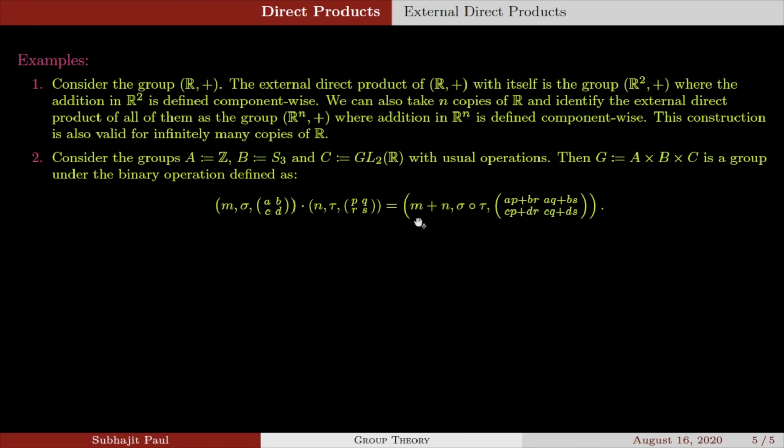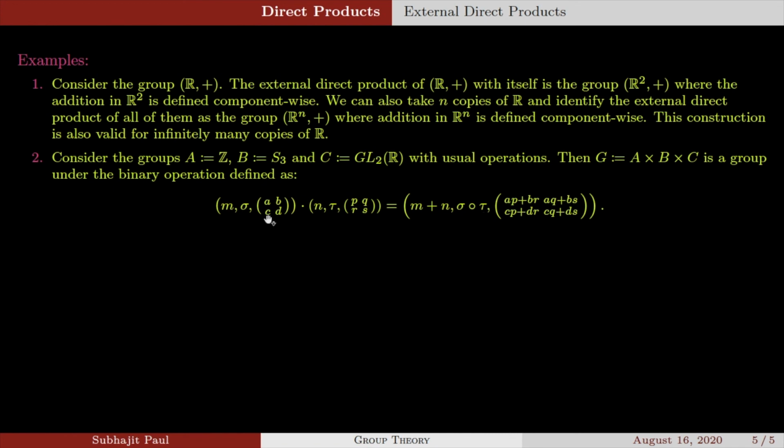So this is m plus n, addition of two integers. Next we have elements from S3. How are they multiplied? They are multiplied by composition of functions, so this is sigma composed with tau. This is just function composition, and that goes in the second coordinate.